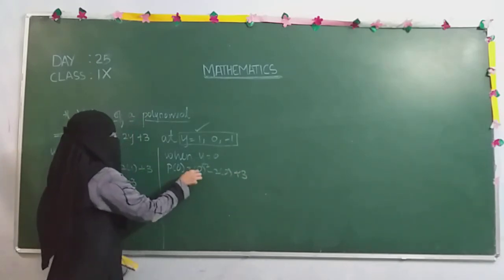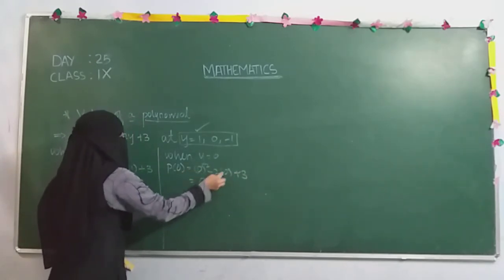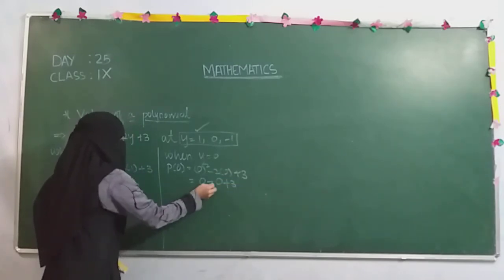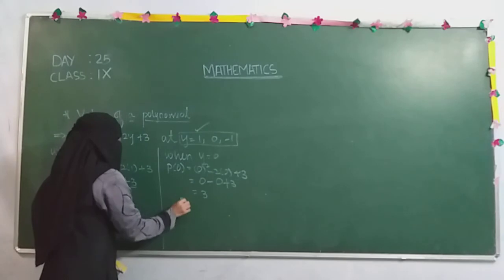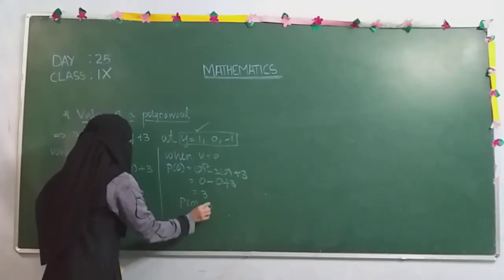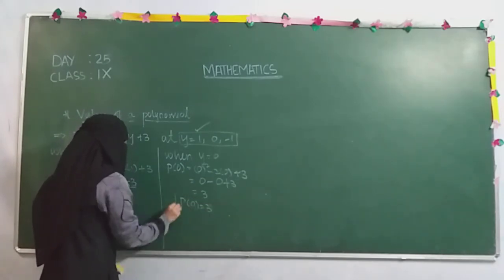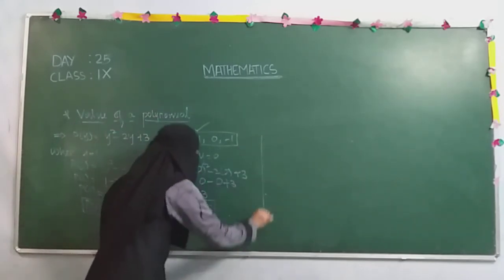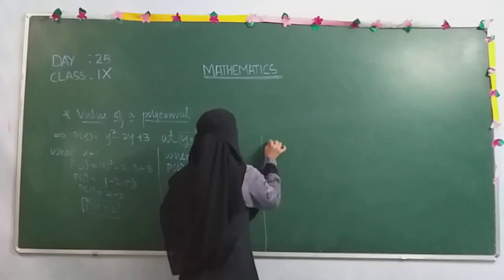We know very well 0 square is 0, 2 times 0 is 0, plus 3, and definitely we will get 3 only. What is this 3? P of 0. And we got the P of 0 value as 3.